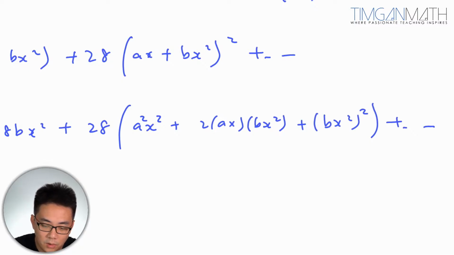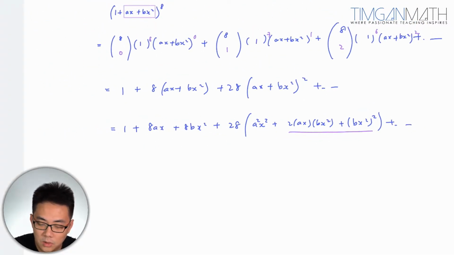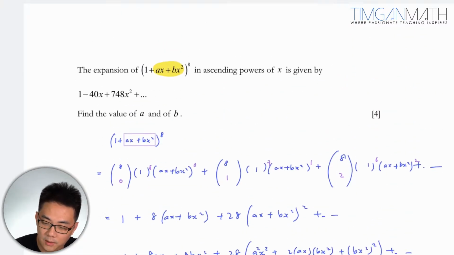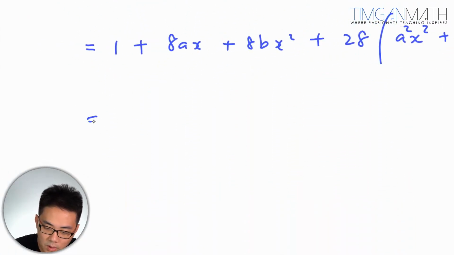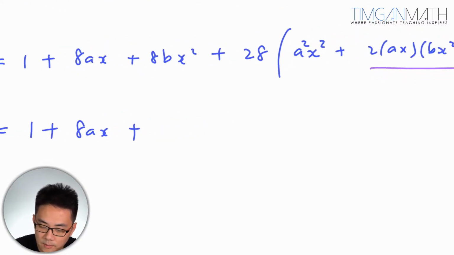So I'm just going to ignore this part here. So what we'll get is actually just 1 plus 8ax plus, 8b plus 28a squared, x squared.